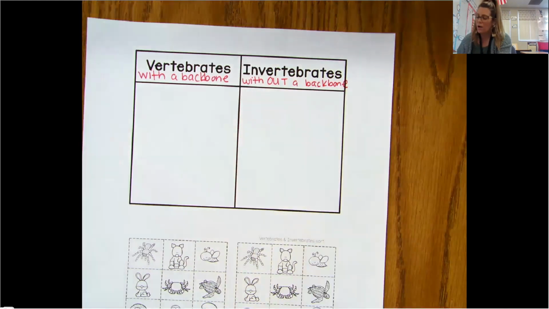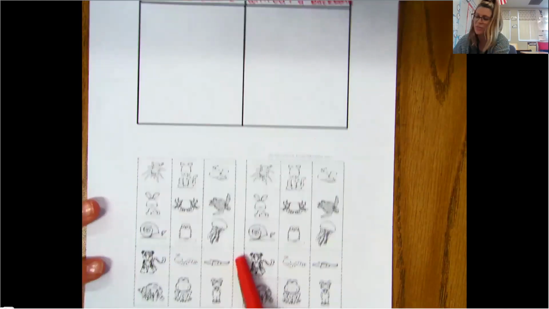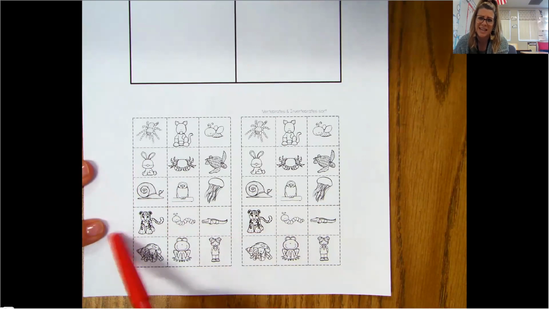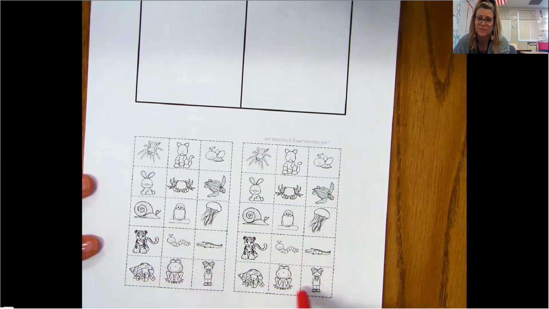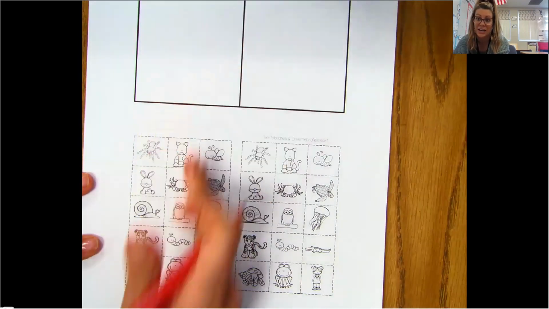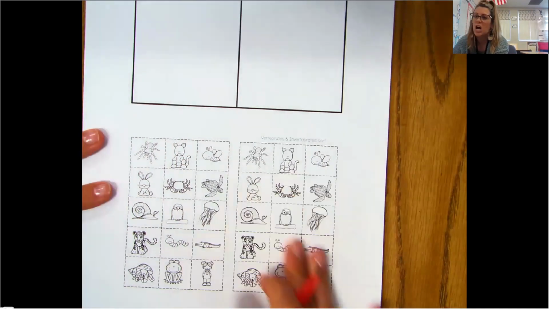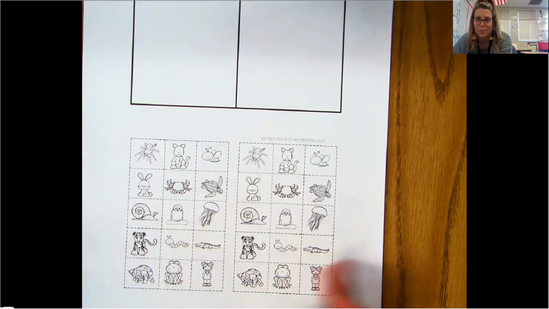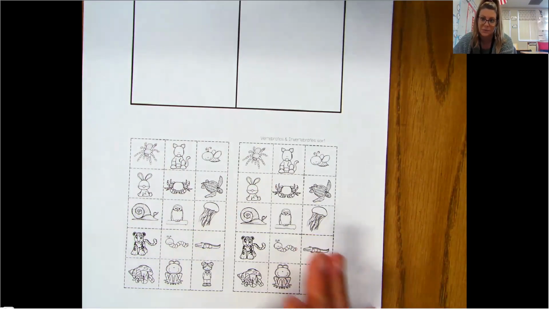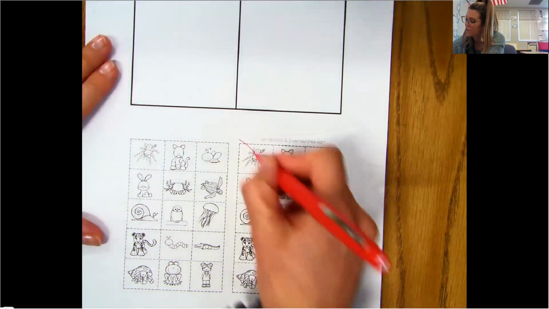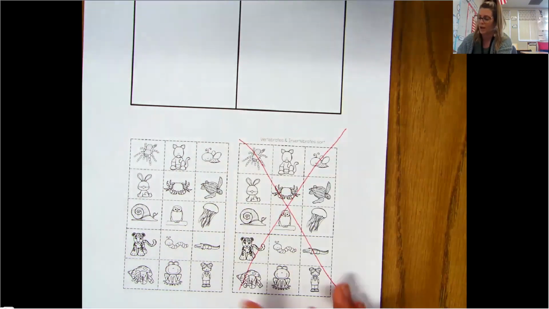Okay, and now we have a lot of animals down here. There are two of the same exact thing. This makes teachers' lives easier because they can cut it in half and not have to print as many copies. If you want to just color this one and use it as a bookmark or create something with it later for art, that's fine. But you really only need to use one, okay?